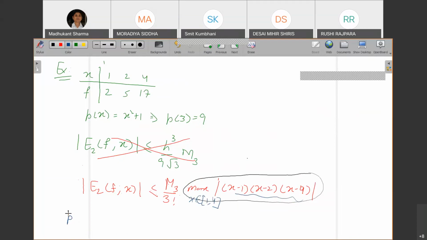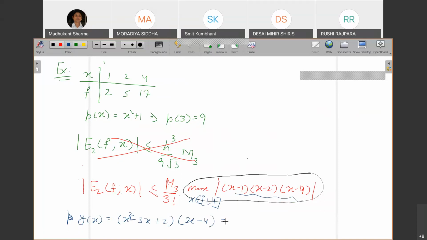If you denote it by g of x equals x minus 1 into x minus 2 into x minus 4, then opening it up, it is x square minus 3x plus 2 times x minus 4.